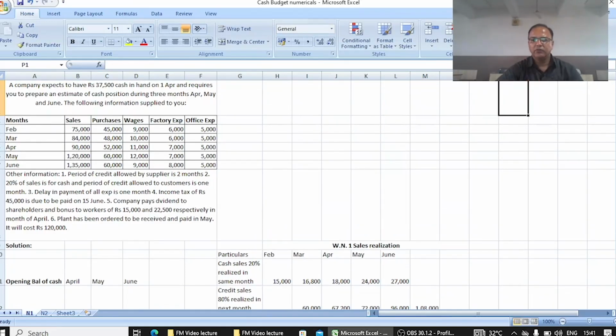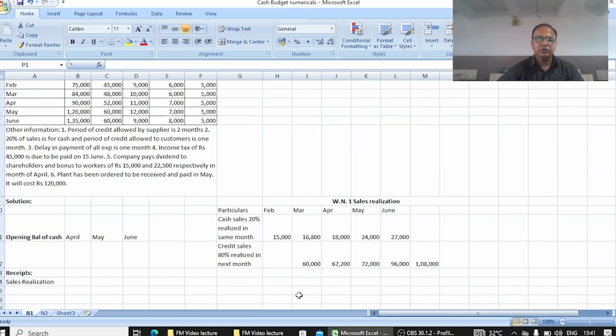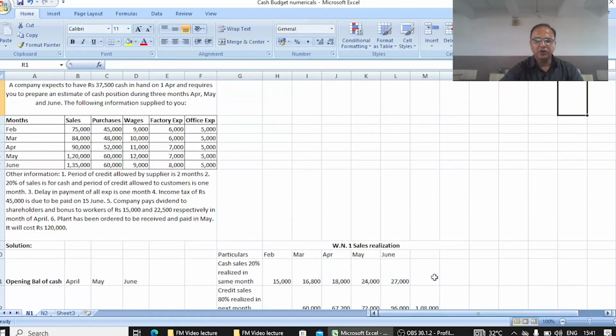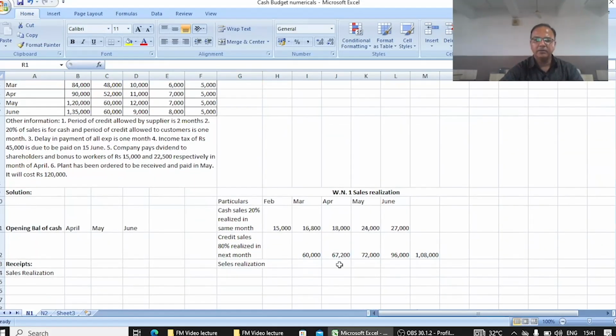But because we have to take care of April, May and June, we will add only these three items. Sales realization in the month of April is 85,200. Here it is 96,000.